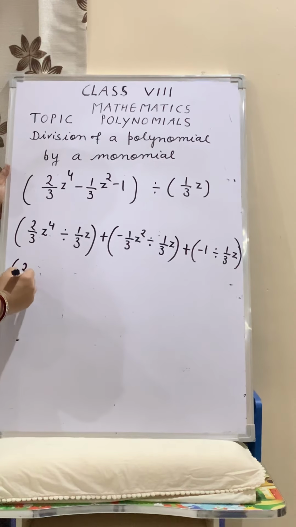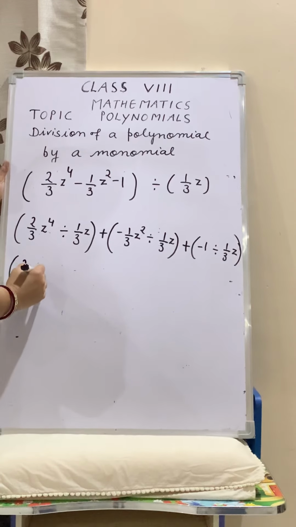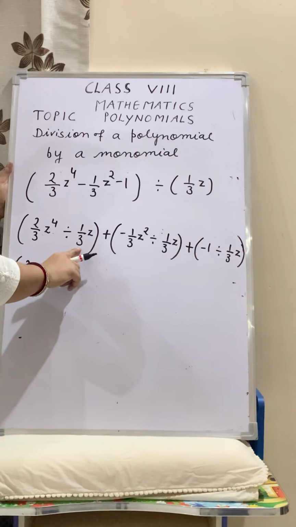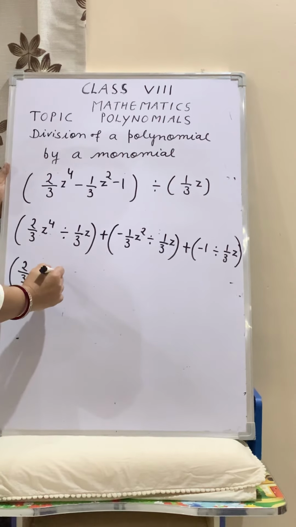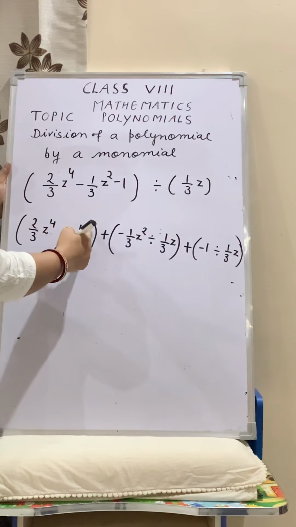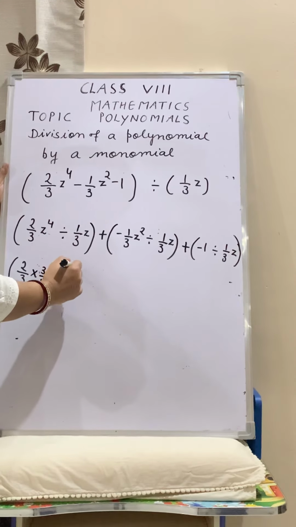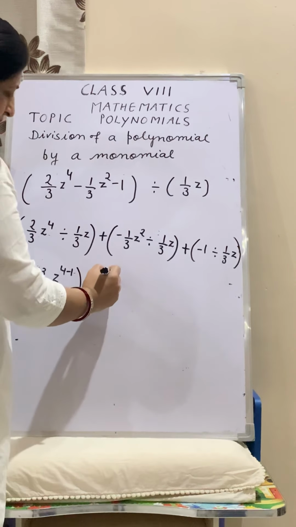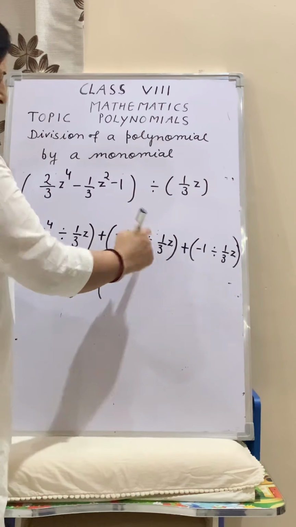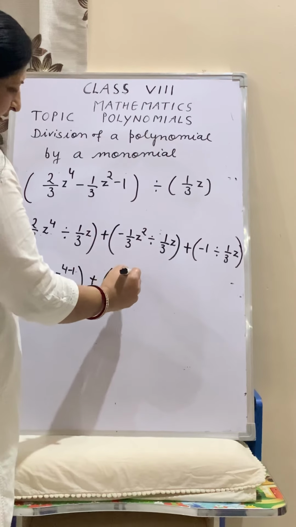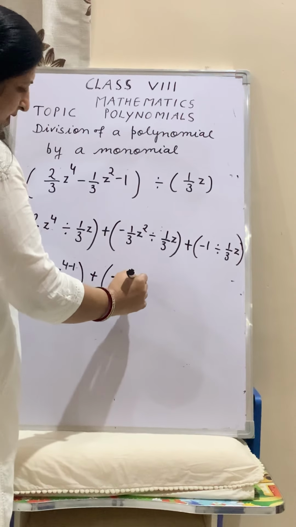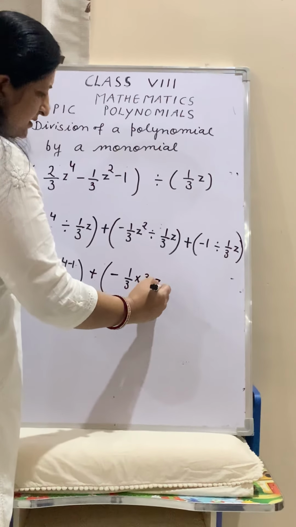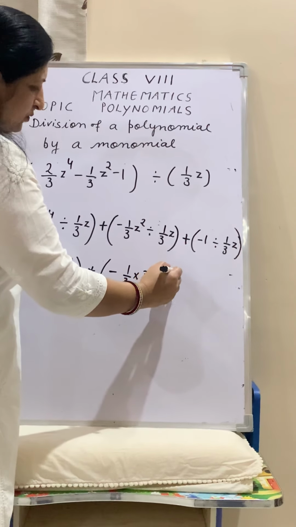Two by 3 multiply by 3 by 1, the reciprocal of the divisor, z raised to power 4 and 1, 4 minus 1, plus. Minus divided by plus, the answer will be minus 1 by 3 multiply by 3 by 1 and it is z raised to power 2 minus 1.